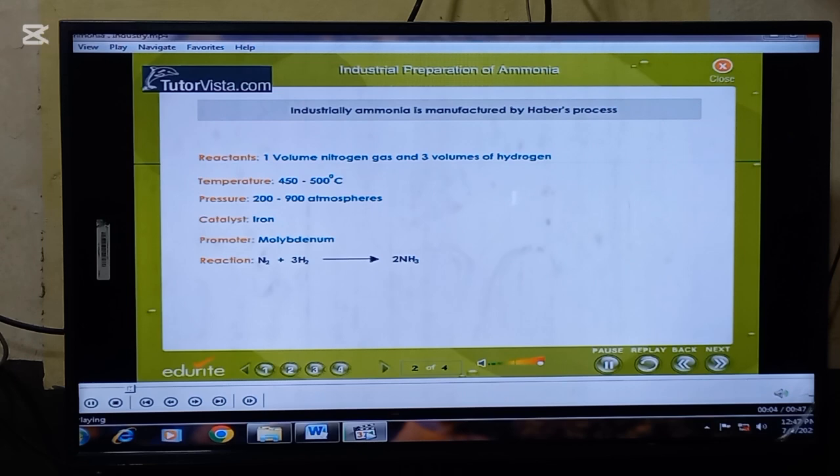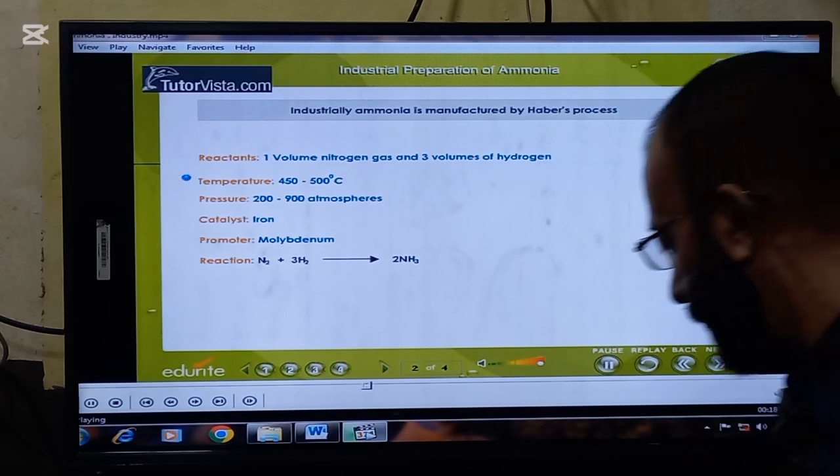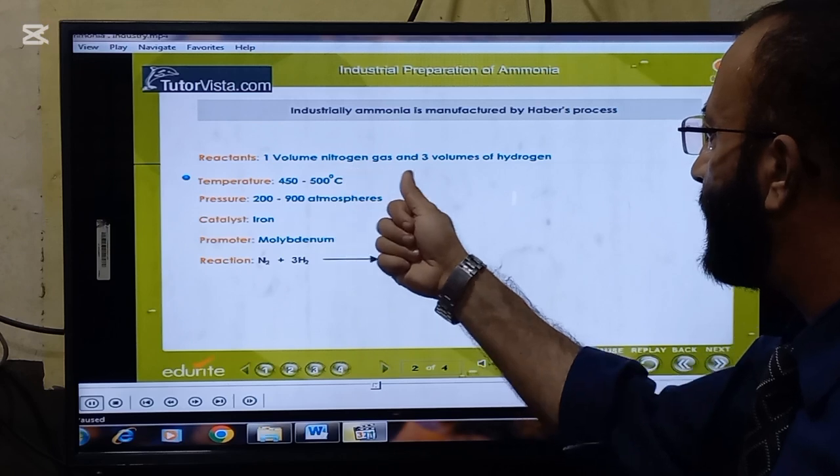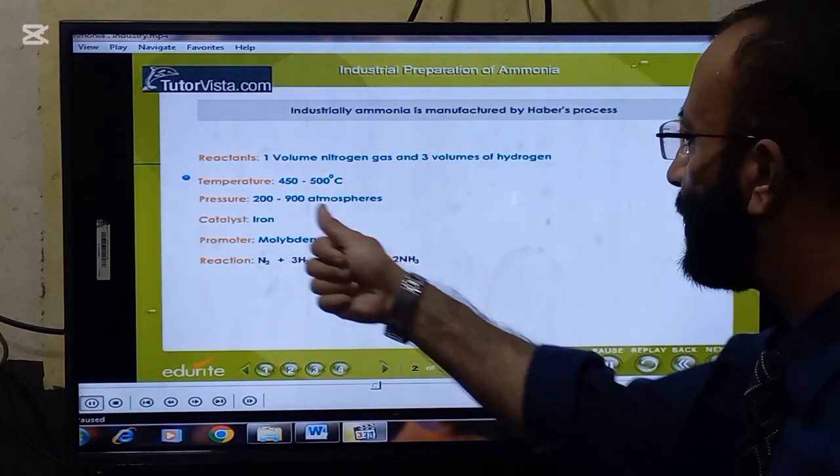Industrial preparation of ammonia. Industrially, ammonia is manufactured by Haber's process. Reactants: 1 volume nitrogen gas and 3 volumes of hydrogen. So this is the first thing, 1 volume of the nitrogen gas and 3 volumes of the hydrogen gas.